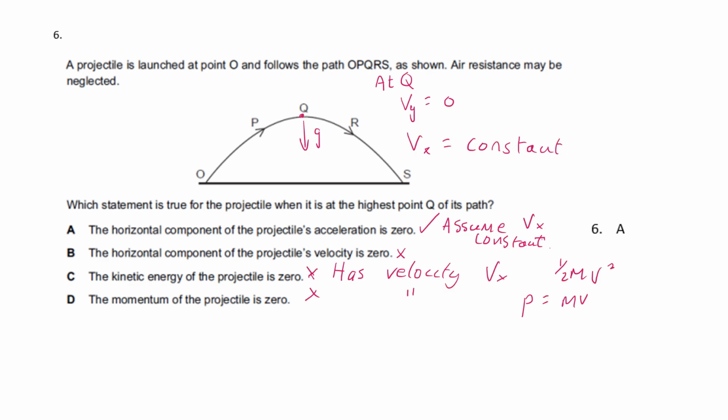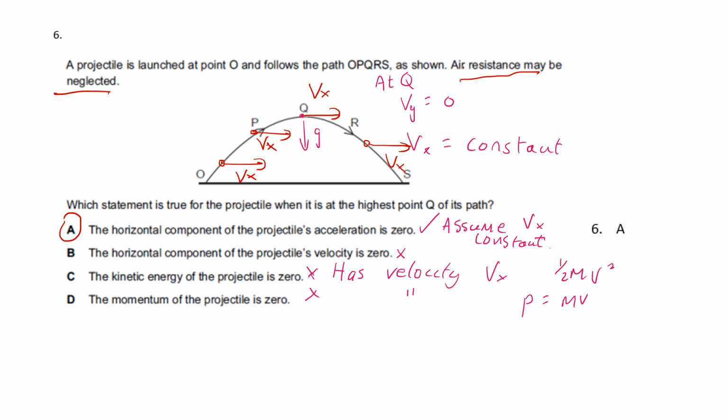The answer here is A, because the horizontal component of the projectile's acceleration is 0, and if we can ignore air resistance, then the horizontal component of velocity is a constant. So wherever you looked, the horizontal component of the velocity would be the same value. So that's true for the top of the flight.